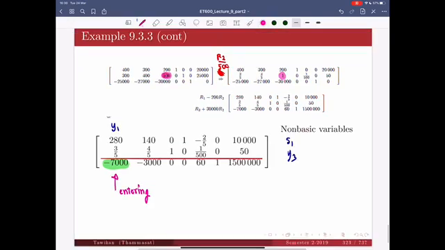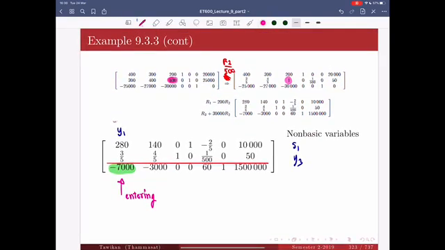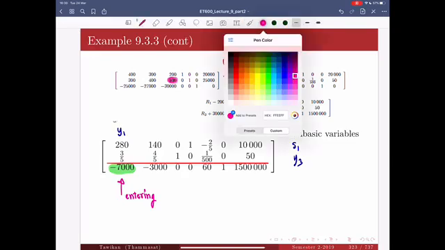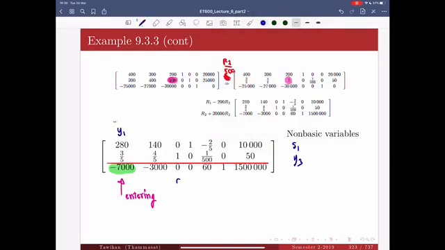To determine the departing variable, we have to compute the ratios. So out of the first row, we divide 10,000 by 280. Out of the second row, we divide 50 by 3/5. Let's compute the ratios.